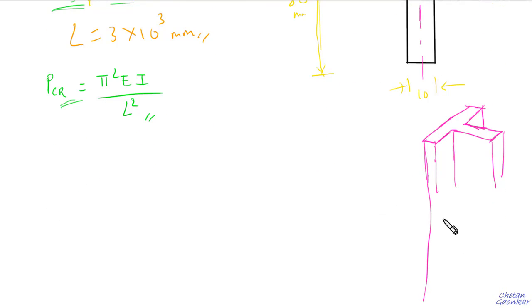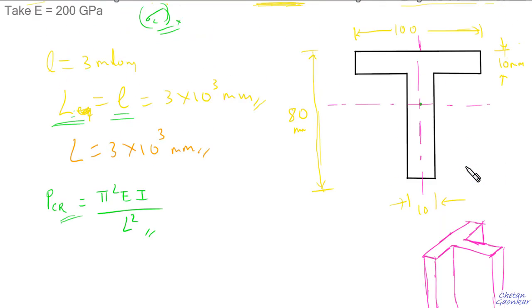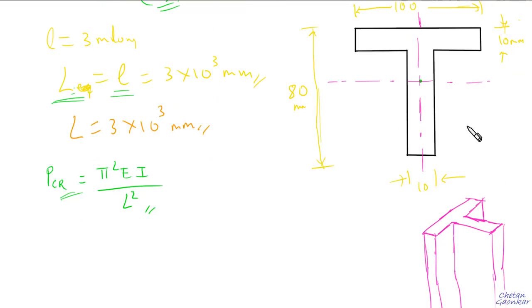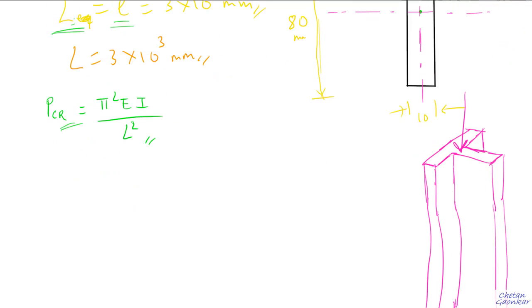So it will run down to a 3 meter long column, right? So I'll just abruptly end this here, and then it may fail when it will be subjected to a compressive load. It may either buckle along the x-axis or it may even buckle along the y-axis.